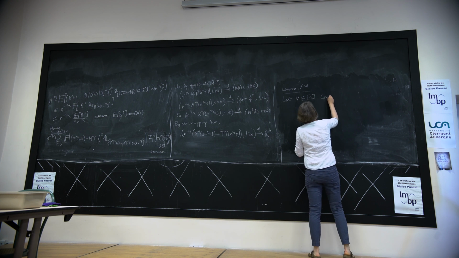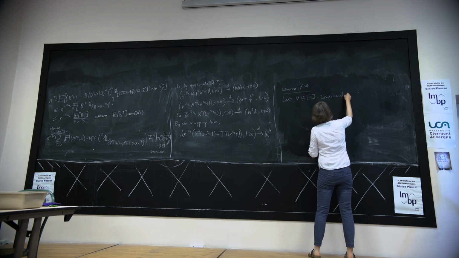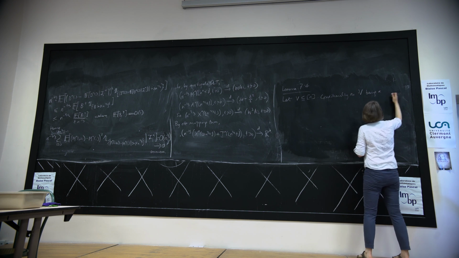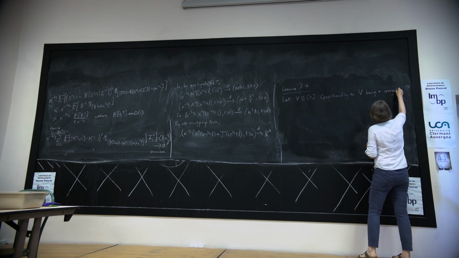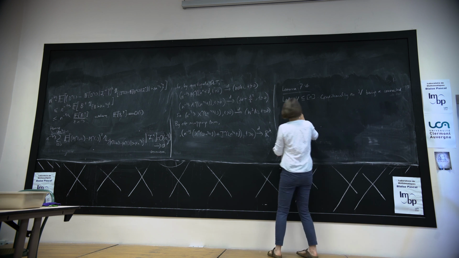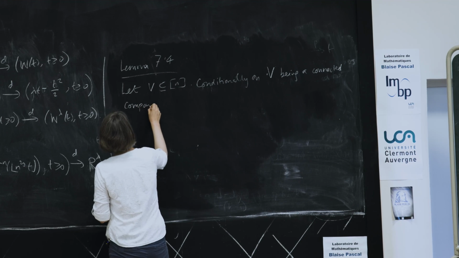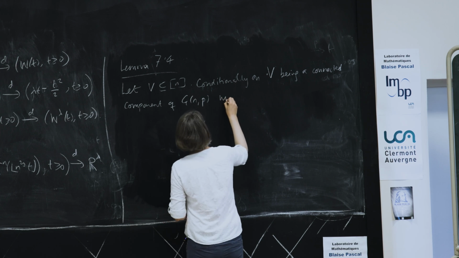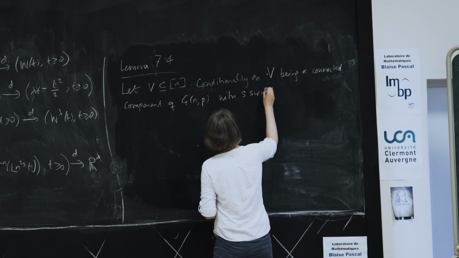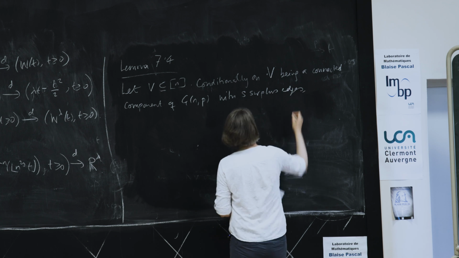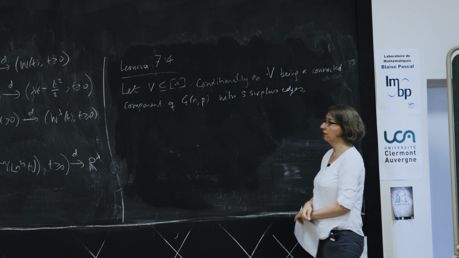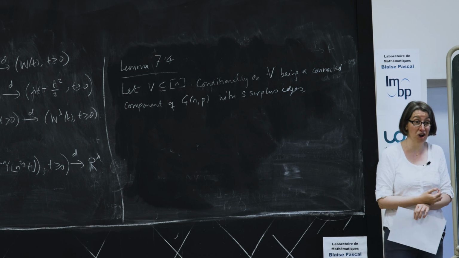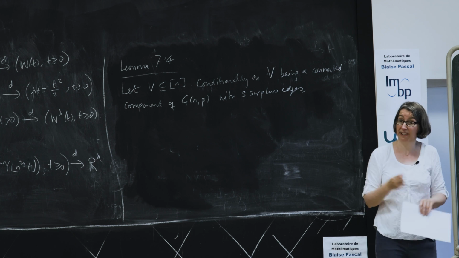So conditionally on V being a connected component of G(n,p), and also conditional on its surplus, so with S surplus edges, then that component is a uniform random connected graph on that vertex set with surplus S.